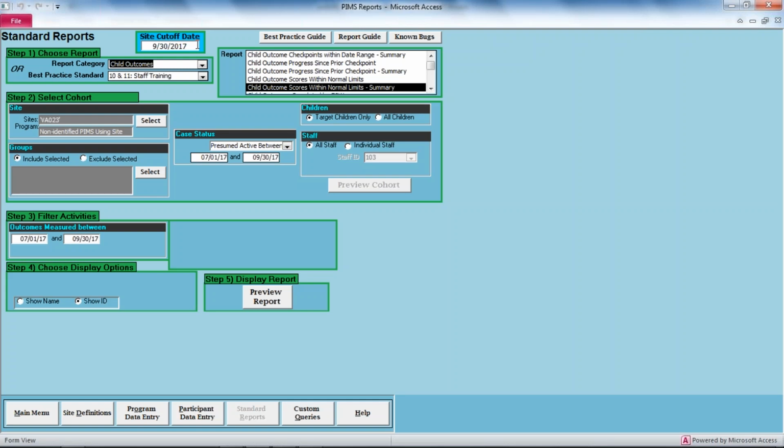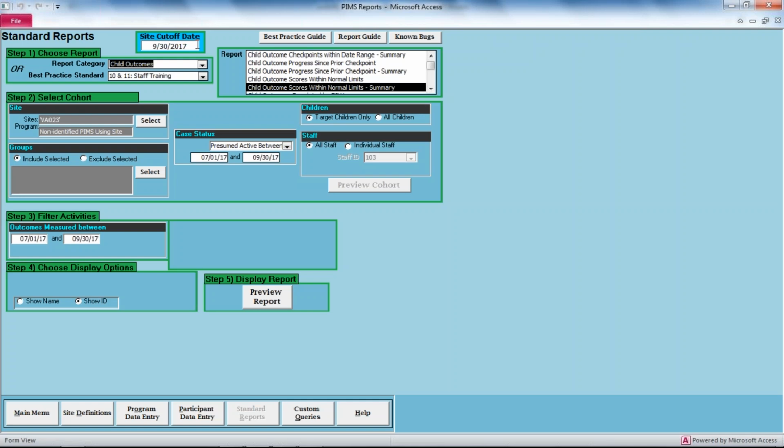That way you can duplicate that report at a later date by going into the reports and using that cutoff date again. If you always set the site cutoff date forward to today when you start to run reports, then you may be adding additional data into your report that happened after that site cutoff.